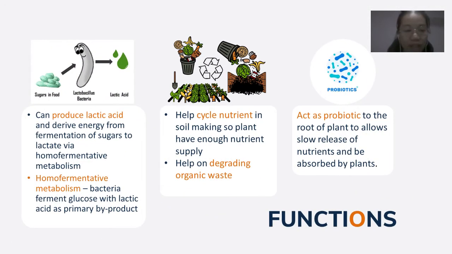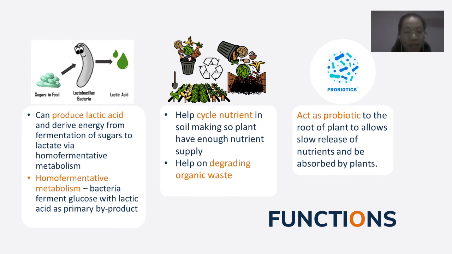So we can see here the functions. What are the functions of lactobacillus? Lactobacillus can produce lactic acid and derive energy from fermentation of sugars to lactate via the homofermentative metabolism. What is homofermentative metabolism? It means that the bacteria ferment the glucose with lactic acid as its primary byproduct.